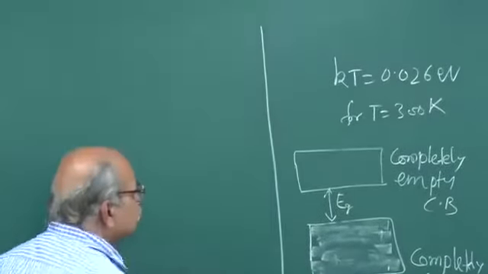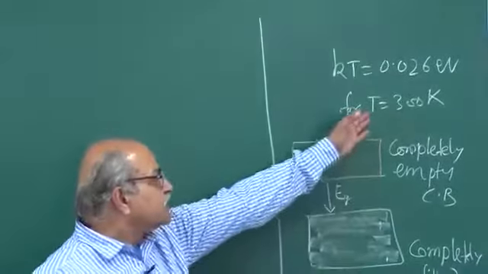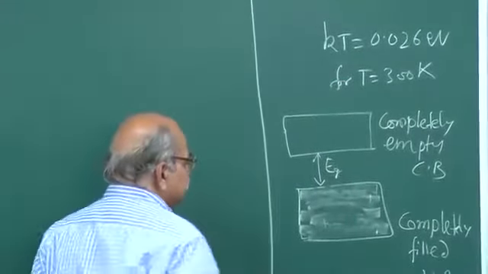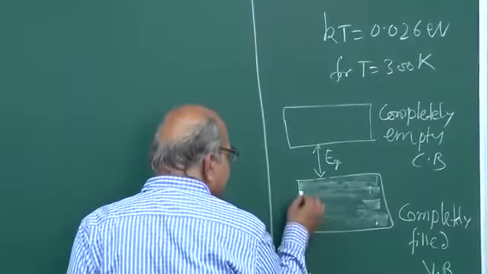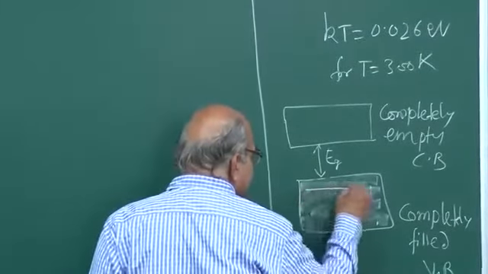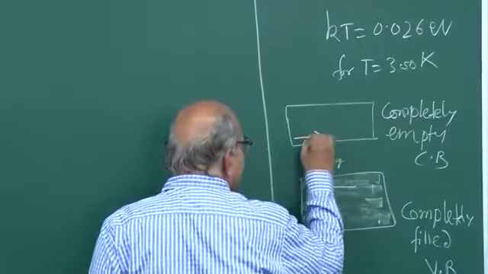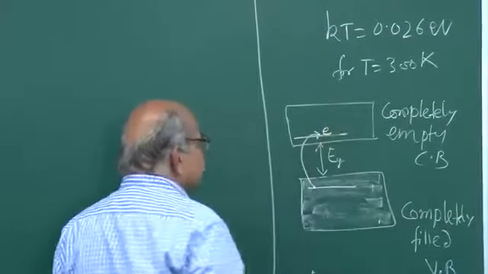Then at elevated, higher temperatures, your electrons in the valence band may receive energy from thermal interactions with the lattice and go into the conduction band.